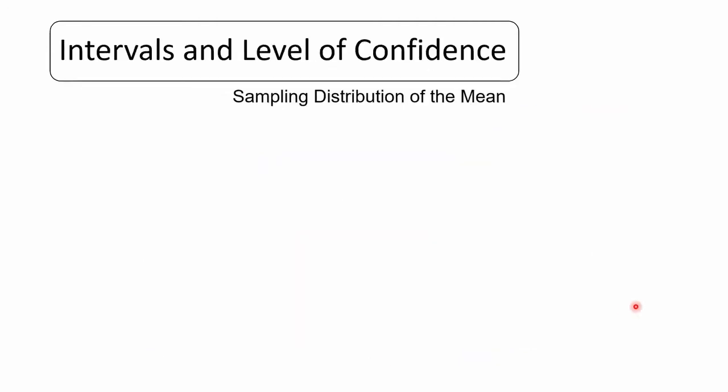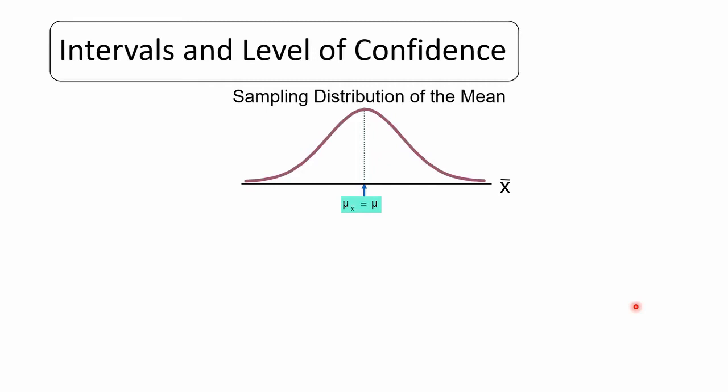So the sampling distribution of the mean. Now here you have your mean of means, which is equal to your population mean. Remember, we talked about this sampling distribution of the mean under chapter 7. And here you have alpha over 2 on either side, and in the middle you have 1 minus alpha.